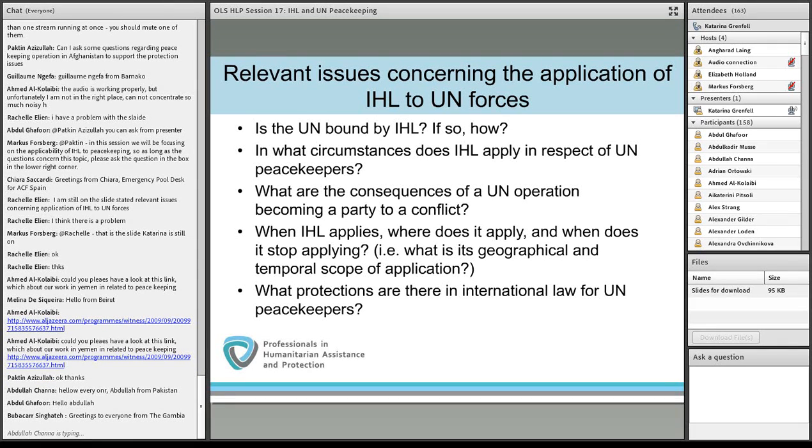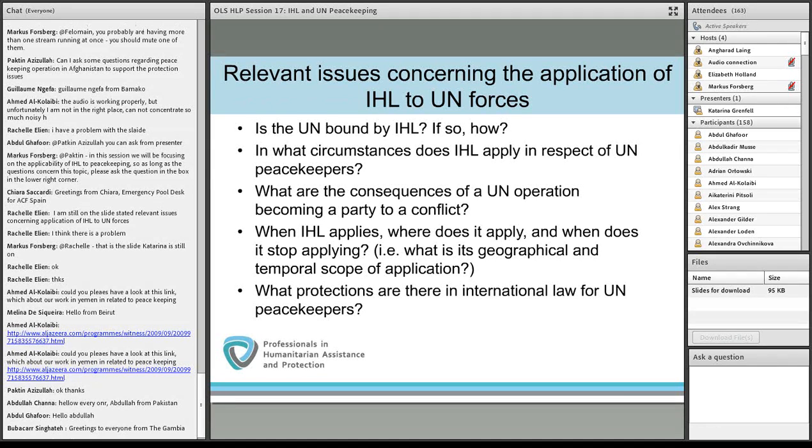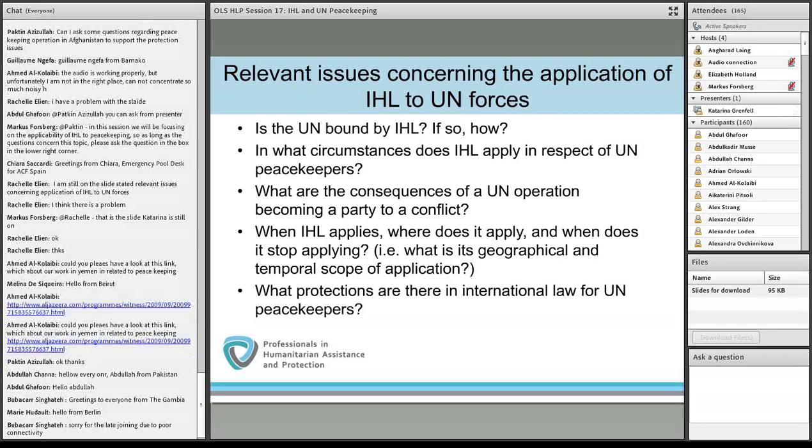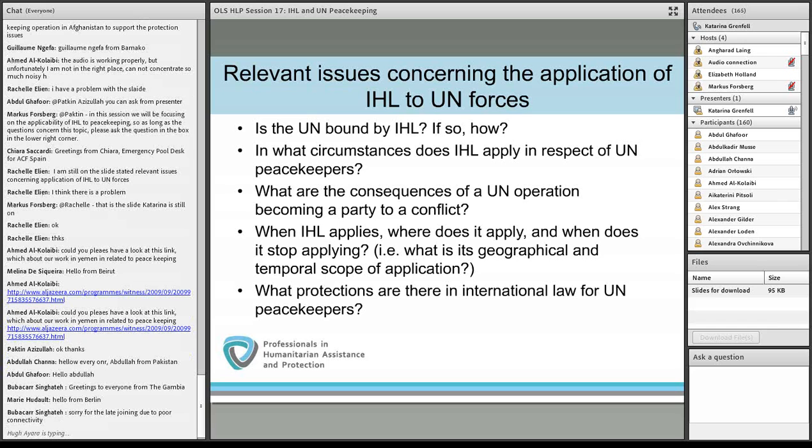Similarly, the temporal scope of application of IHL is important because it establishes when military personnel of the force regain the protection given to civilians and cease to be lawful targets under IHL. While these issues are largely theoretical, as in practical terms, peacekeeping operations will take measures to protect their personnel once the mission considers that it's under threat within the host state, they do go to illustrate some of the debates about the application of IHL in the particular circumstances of UN peacekeeping operations.